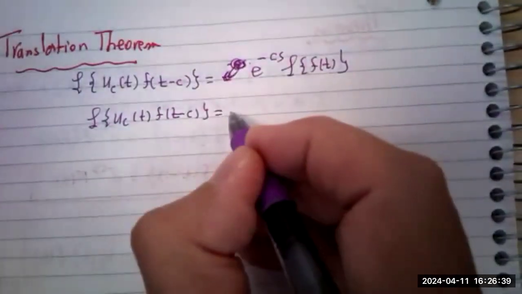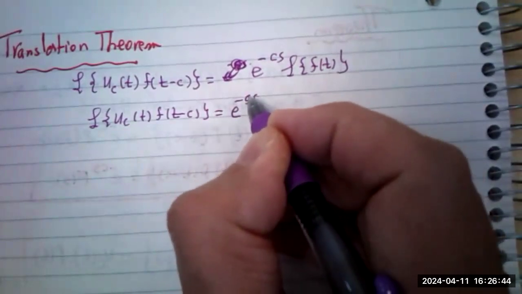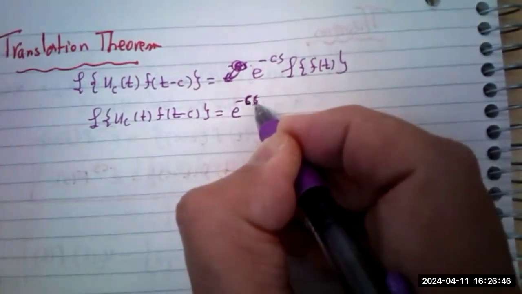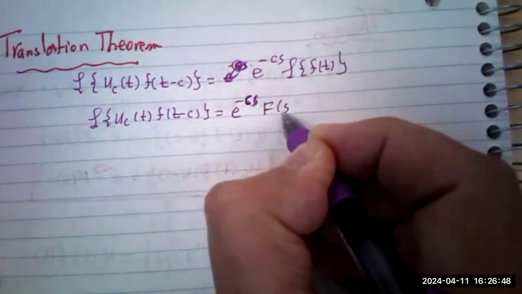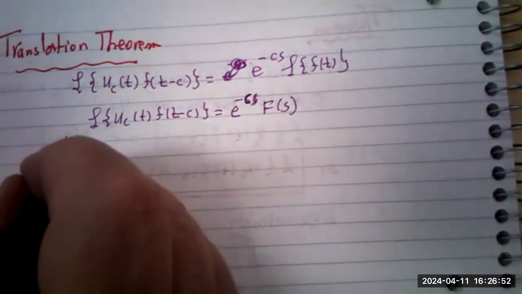Because of the u_c(t), you have the factor of e to the negative cs, times F(s). Equivalently, the Laplace inverse.